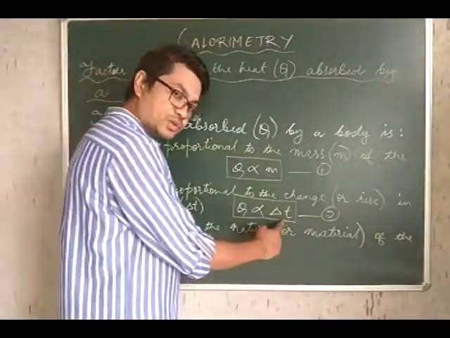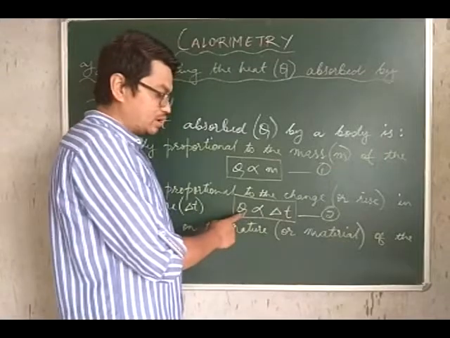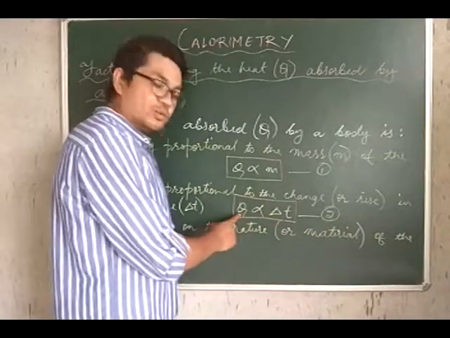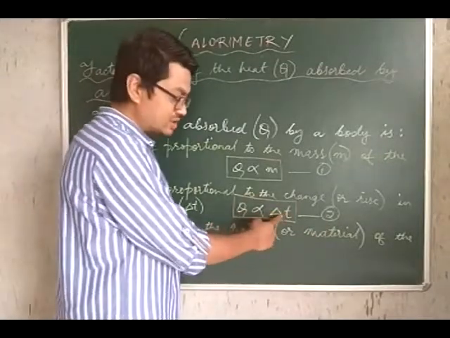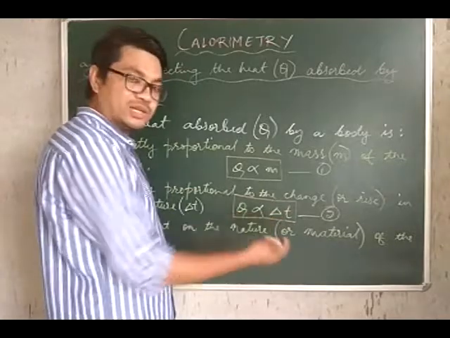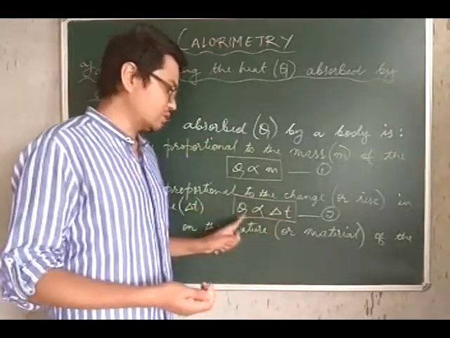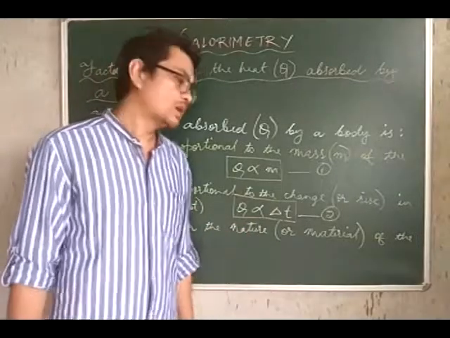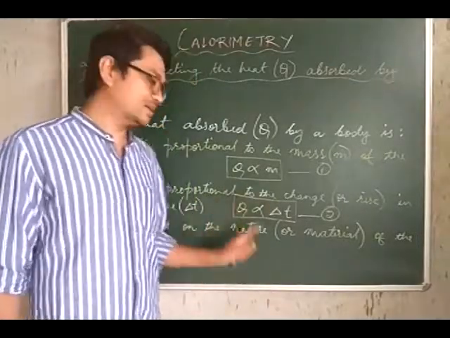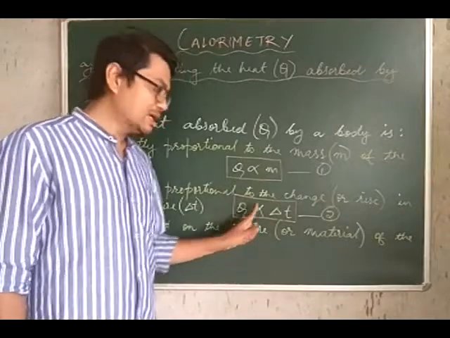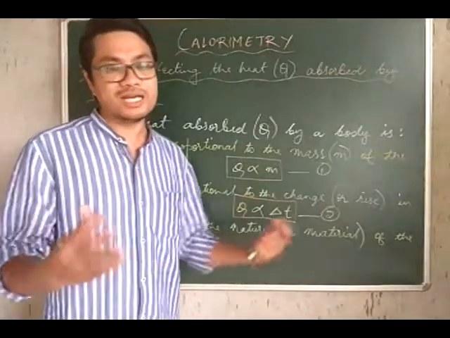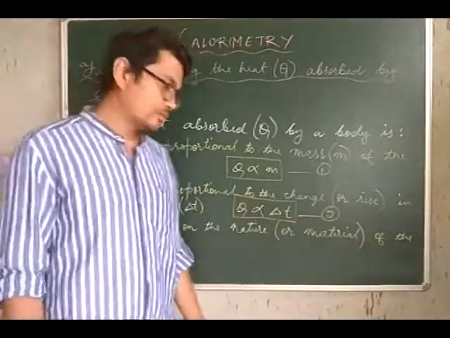More the change in temperature we need to bring about, more heat we need to provide. Lesser change in temperature, lesser heat. No rise in temperature, if we want to keep the temperature constant, obviously we do not need to provide any heat. So the amount of heat provided to the body and the difference in temperature are directly proportional.